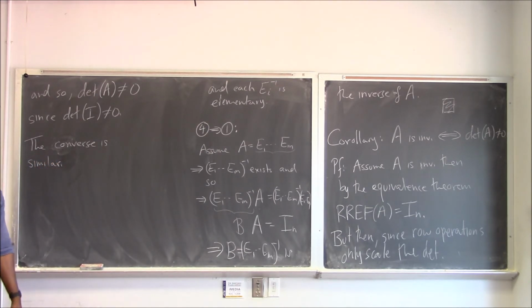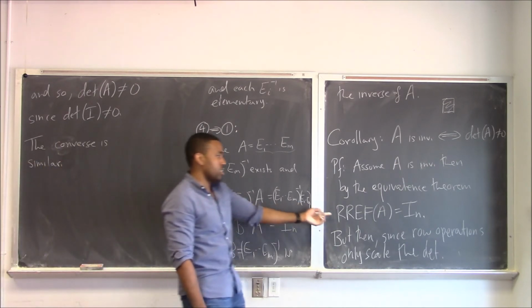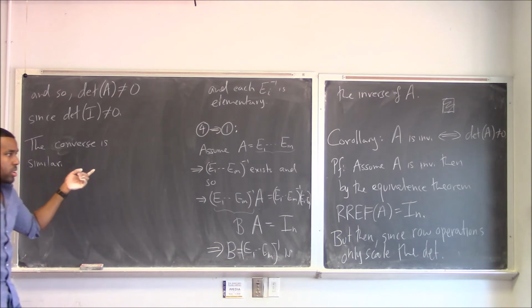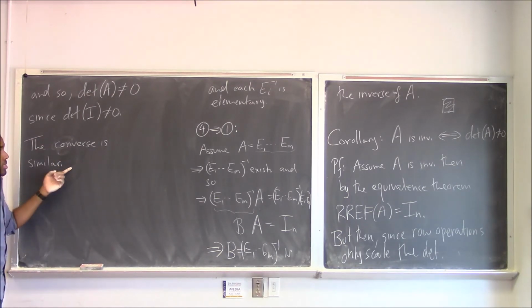The converse is similar. If you assume the determinant of the original was 0, then it cannot be reduced to the identity because the determinant of the identity is not 0. It would reduce to a matrix in the other way according to our theorem, right?